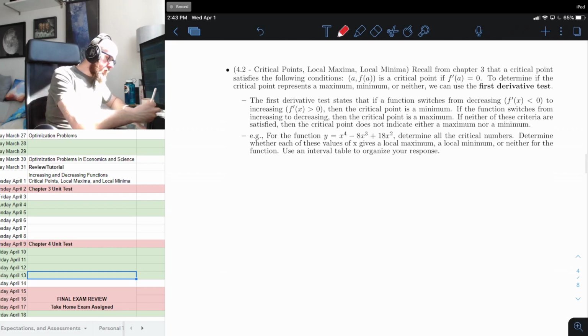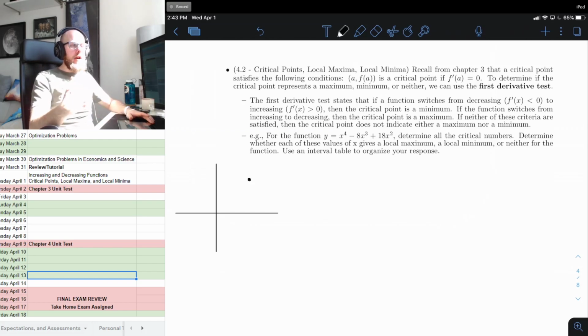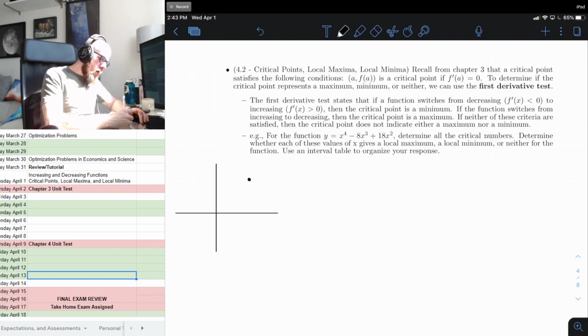The first derivative test basically states that if we're trying to show that a critical point is a maximum value, I'm just going to draw some random function in between there.